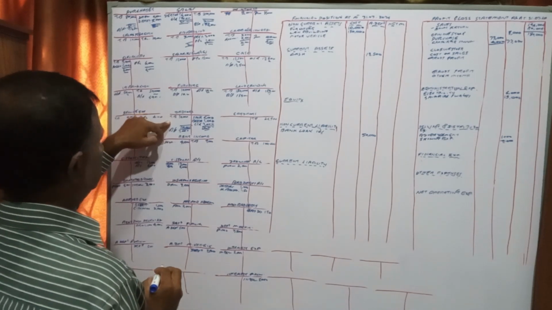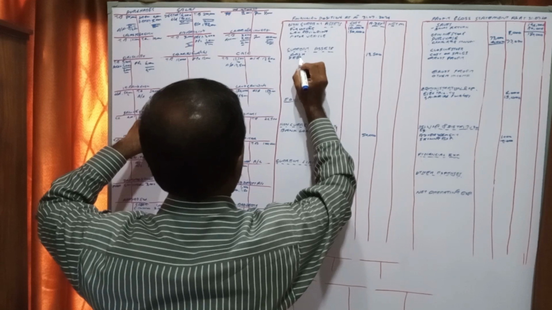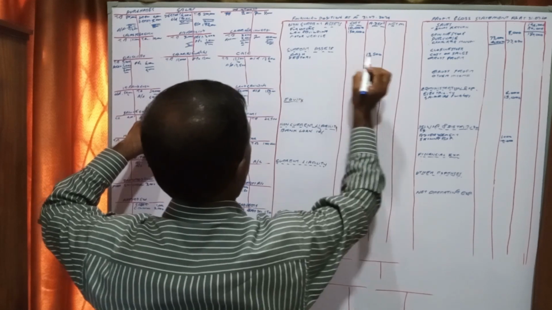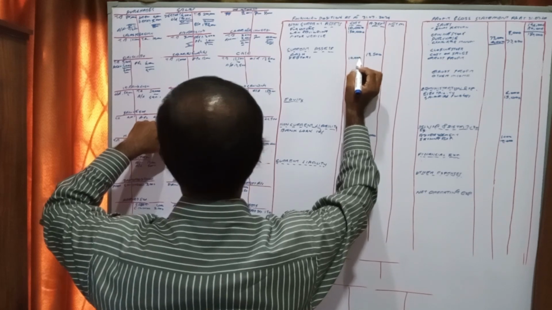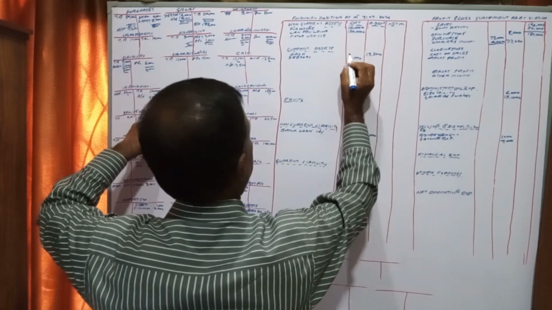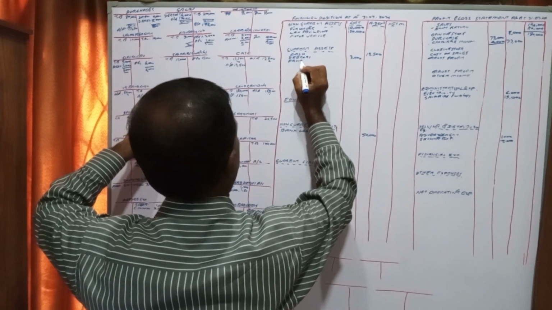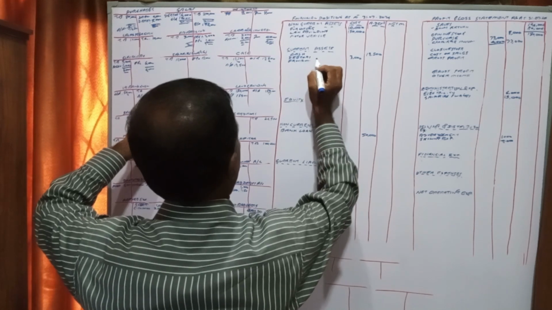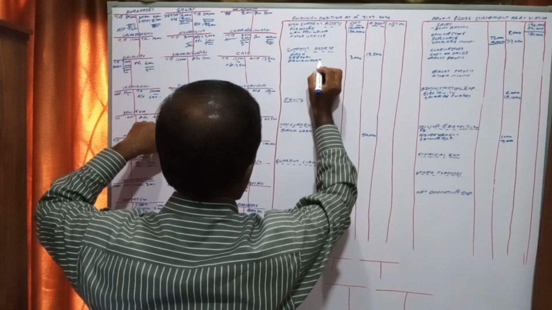Debtors account carried down balance is 10,000. We had to deduct 3,000. We have to deduct a provision for bad debt.